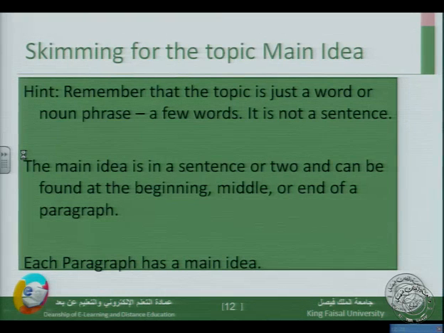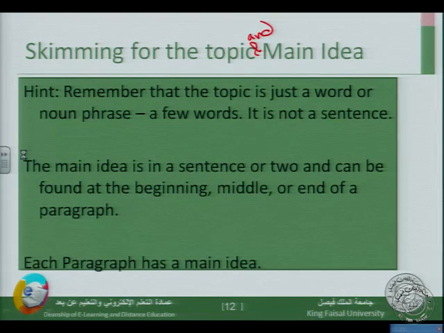Skimming for the topic and main idea. Skimming is also a good strategy to find something about the topic, what this passage is about. Topic means what this passage is about.